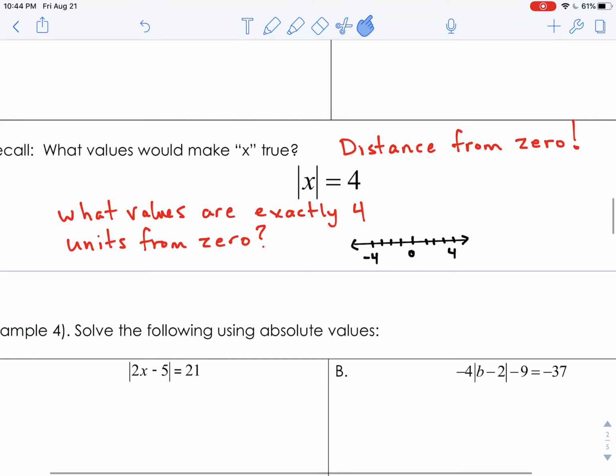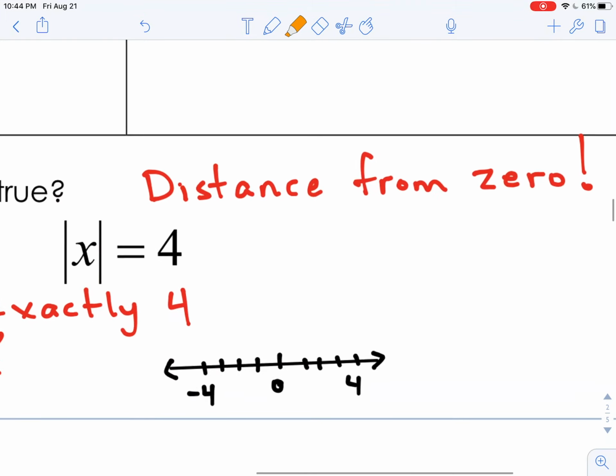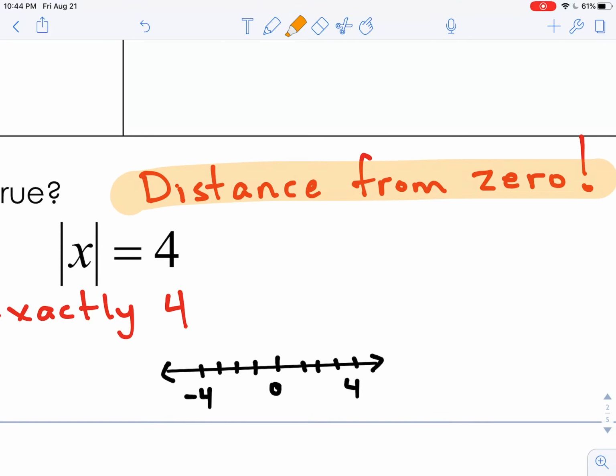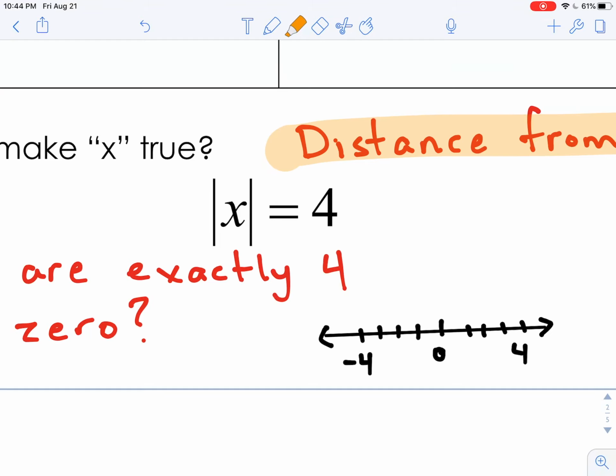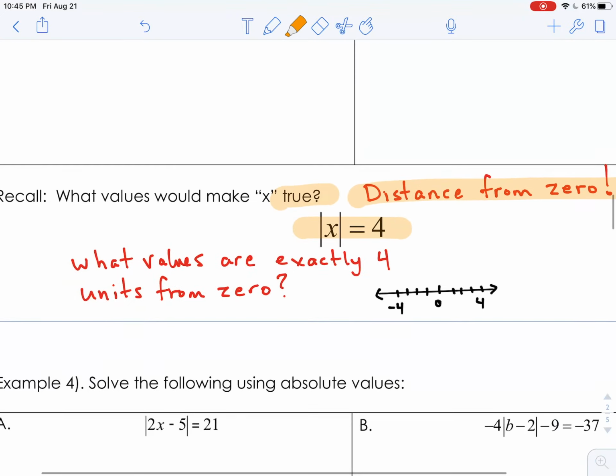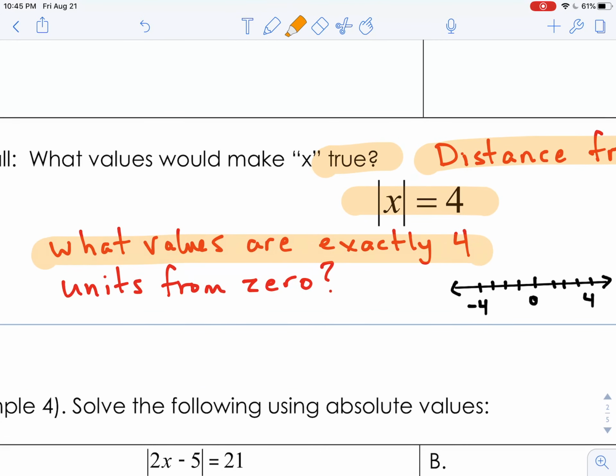Let's quickly talk about absolute values. Absolute value can be summarized by this phrase, distance from 0. So what do I mean? Well, if you see the absolute value of x equals 4, and you're supposed to find what makes that true, we're really asking here, what values are exactly 4 units from 0?